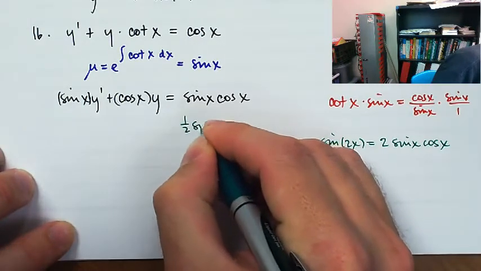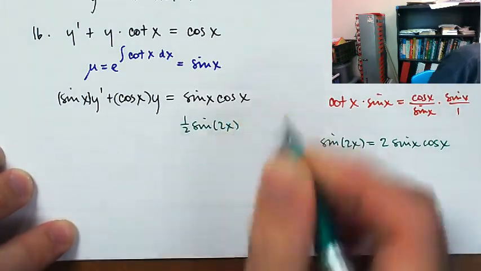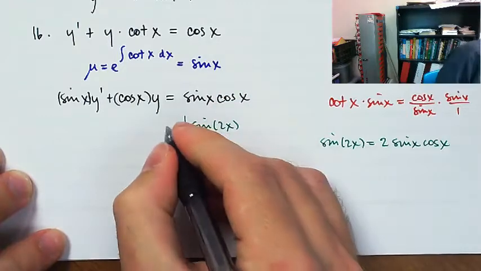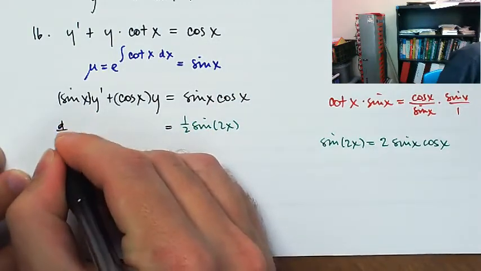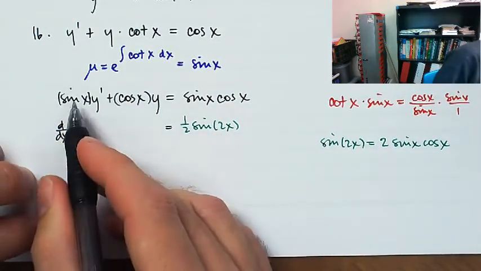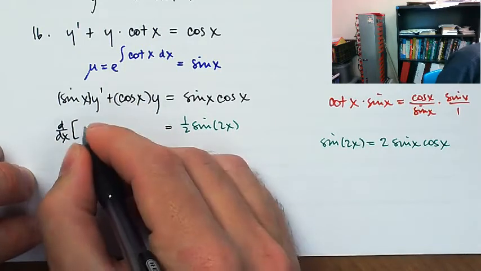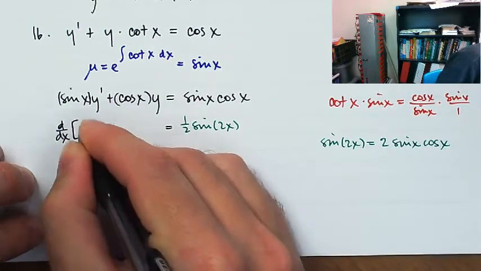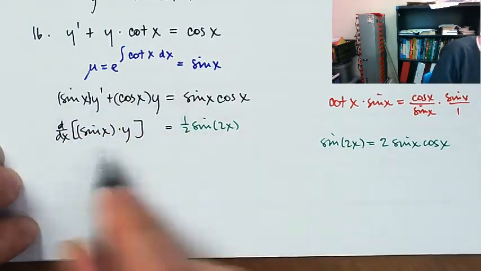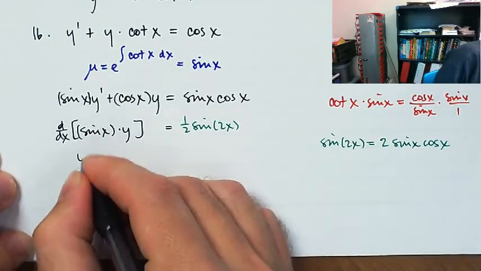So, and then I'll say that's the derivative with respect to x of sine of x multiplied by y. Then I'll anti-differentiate both sides, and now it's going to get a lot easier.